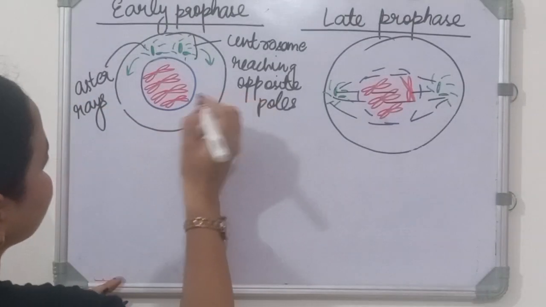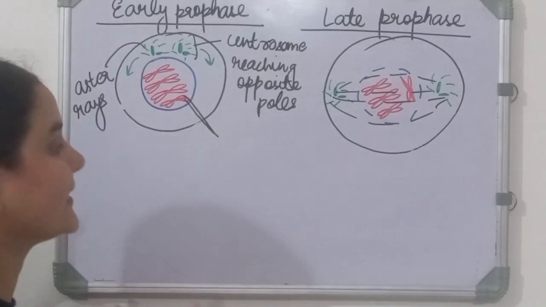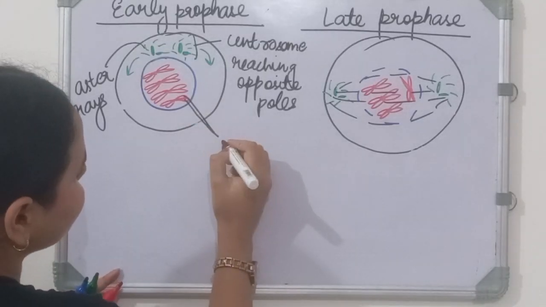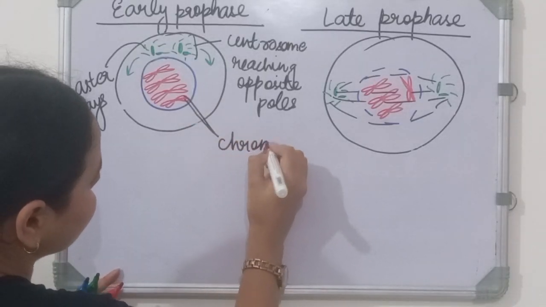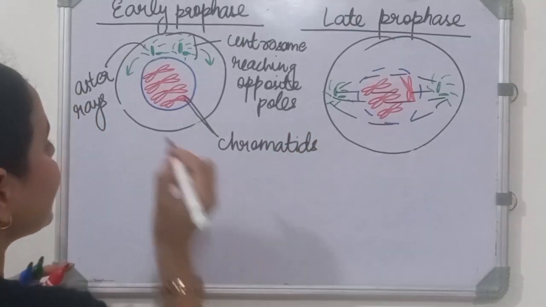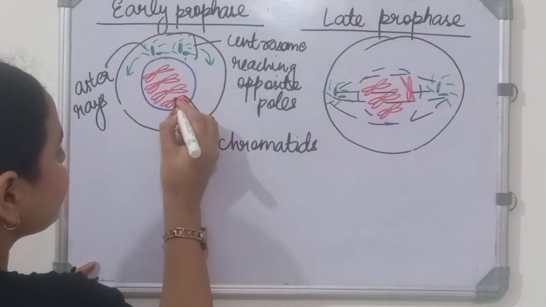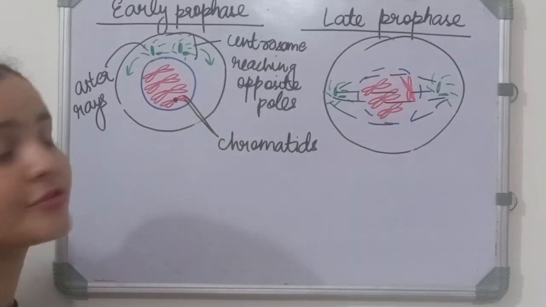Okay, now these two are the sister chromatids. So these are our chromatids of the chromosomes, and these chromatids are joined at the center with the help of centromere.